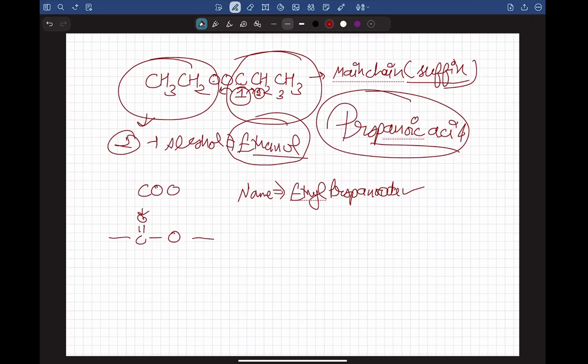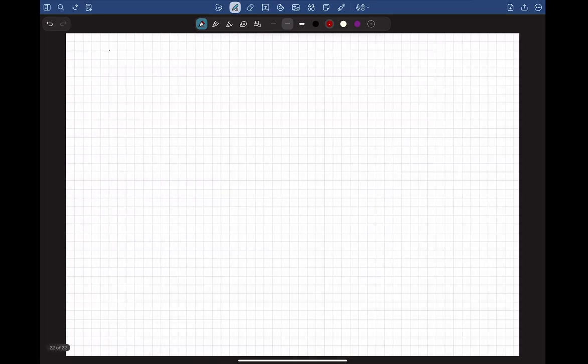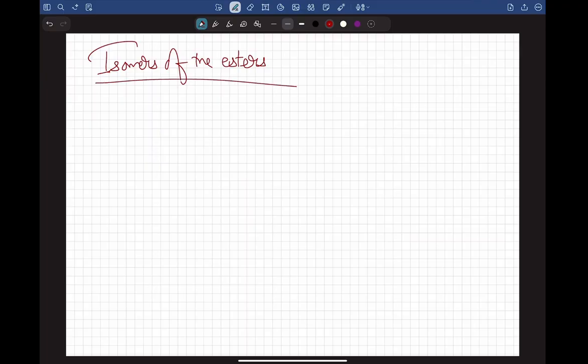Alright, I am hoping all of this is clear. Now, there is just one last type of question remaining. Sometimes they ask you for isomers of the ester. And this is an important question. It's not made up. It has been asked in the past papers already of IGCSE. Now, you need to understand what isomers are.